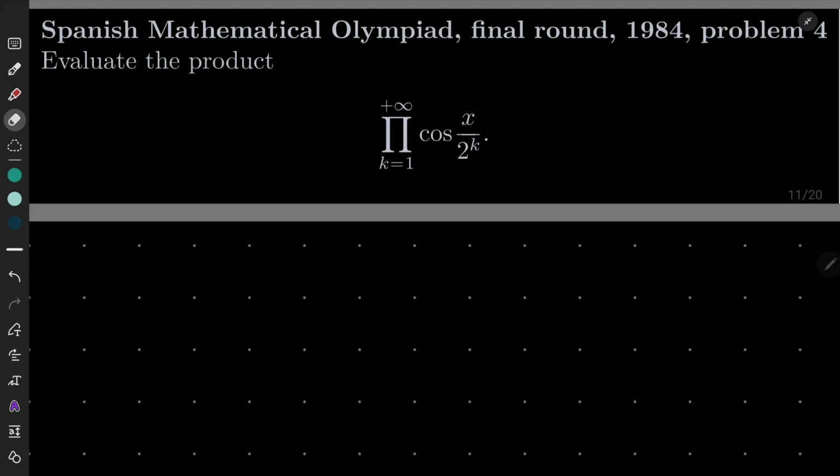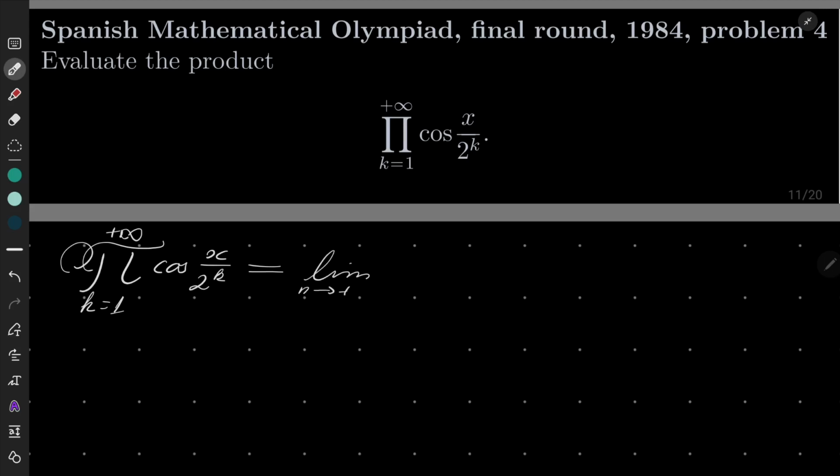Okay, so I hope that you tried your best. First of all, the infinite product from 1 up to infinity of cosine of x over 2 to the power of k is by definition the limit as n goes to infinity of the product from k equals 1 to n of cosine of x over 2 to the power of k.